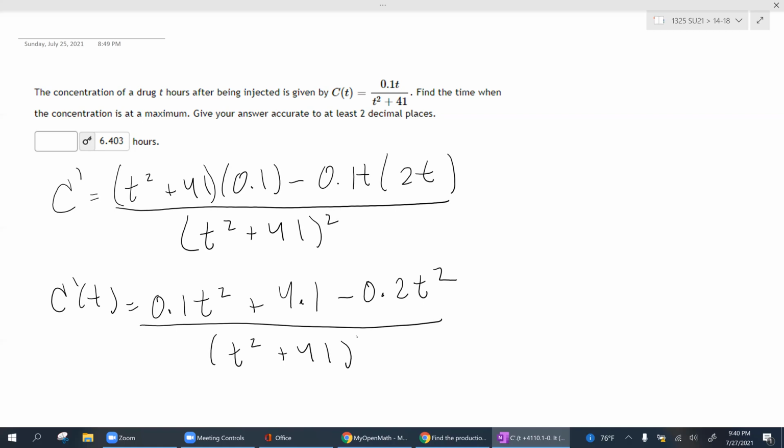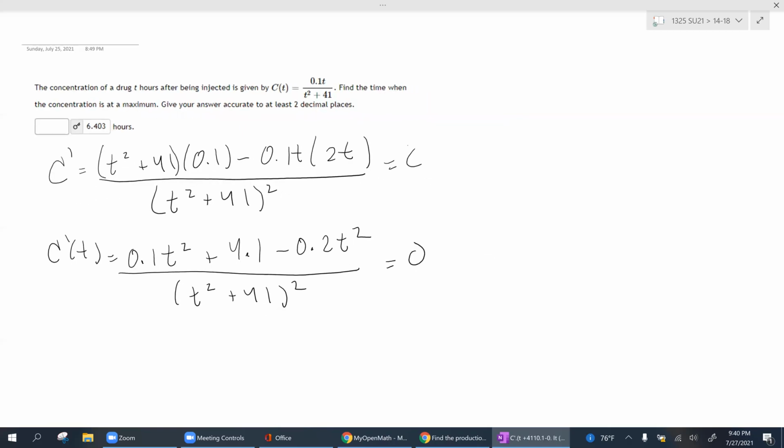And we set this equal to 0. You set your first derivative equal to 0, and I can still continue simplifying. This here would be negative 0.1 t squared plus 41 all over t squared plus 41 squared equals 0.